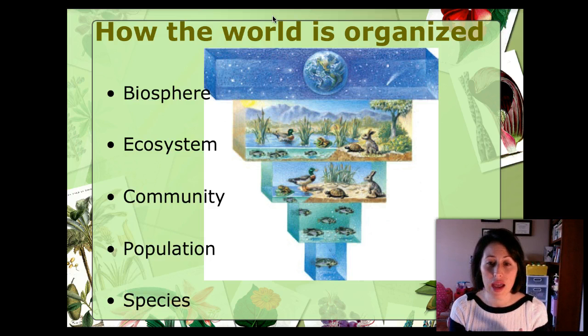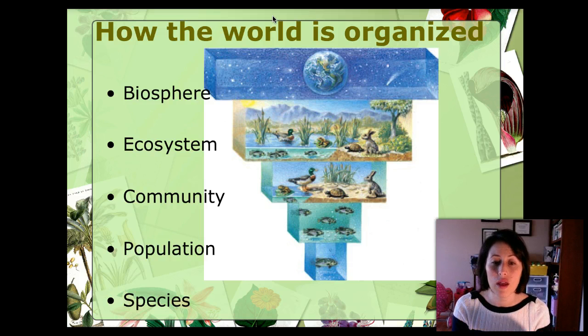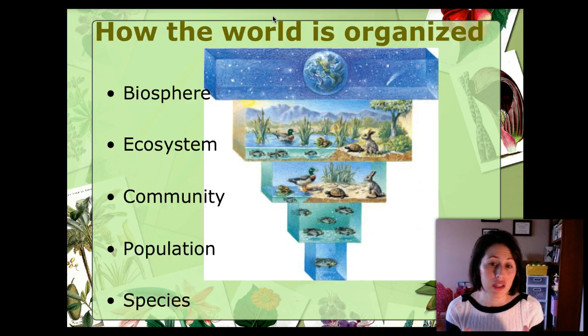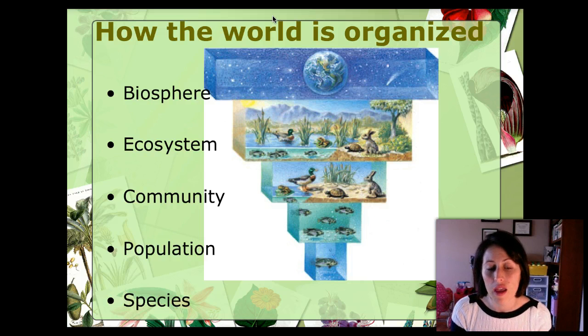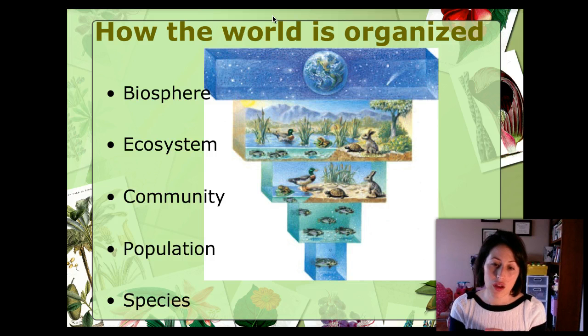A community is looking at all of the living organisms that live within and interact within that ecosystem. And then smaller than that is a population. So in this case, it's looking at just the fish that live within that ecosystem, or we could be looking at that specific species of rabbit that lives in that ecosystem. And then we're looking at a species, and a species is just that one little type of organism, okay?